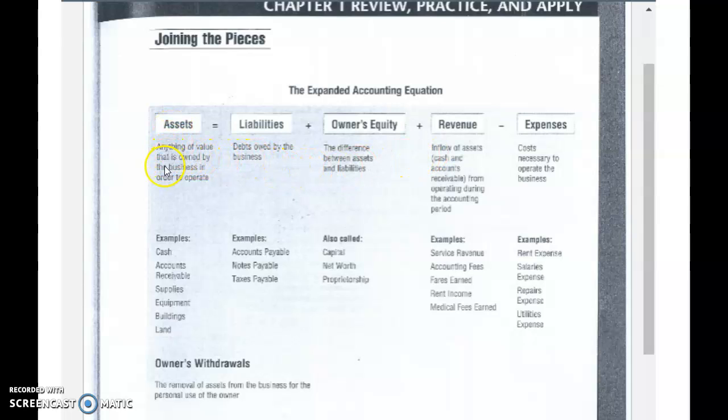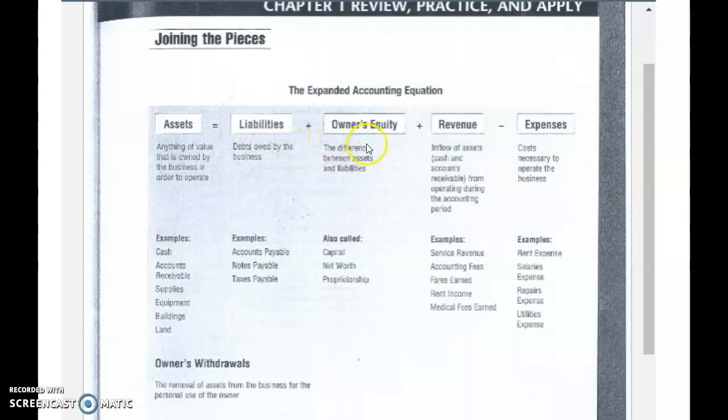Remember, assets are anything of value that is owned by the business in order to operate, like a car. Liabilities are debts owed by the business, like your car payment. Owner's equity is the difference between the assets and the liabilities. What you own minus what you owe is your owner's equity.